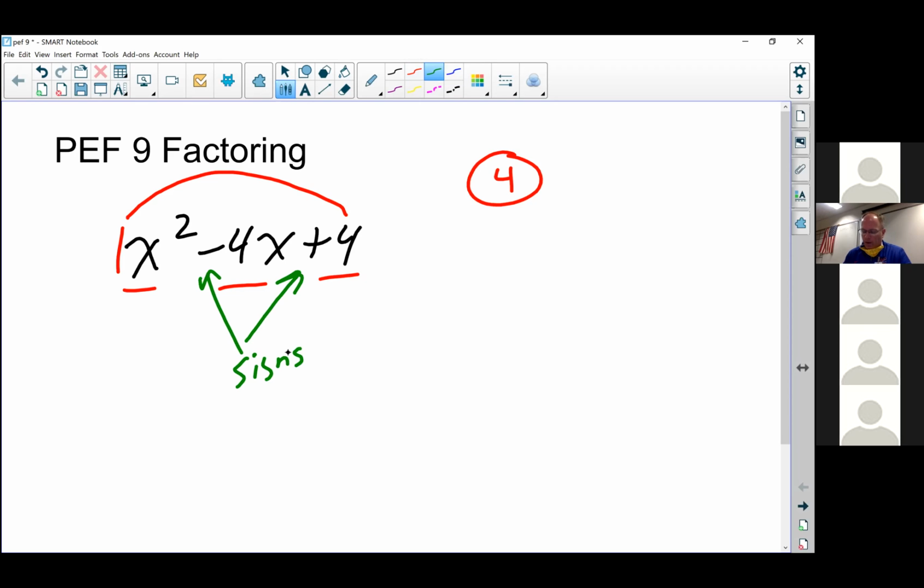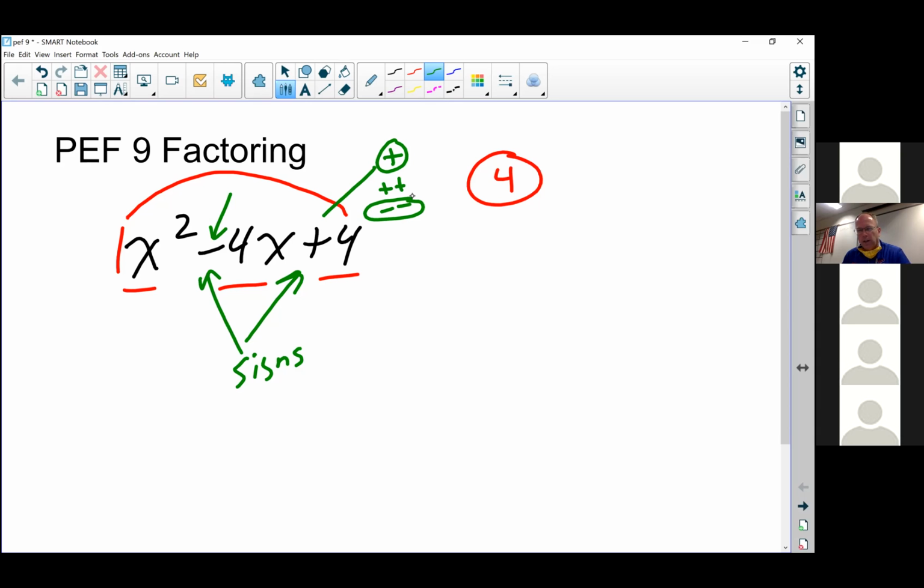I have this last one being positive. And in order to get a positive number, you multiply a positive and a positive, or a negative and a negative. This other sign here, being negative, is going to direct us to say, I know that both of my signs, when I split this into 4 terms, both have to be negative.